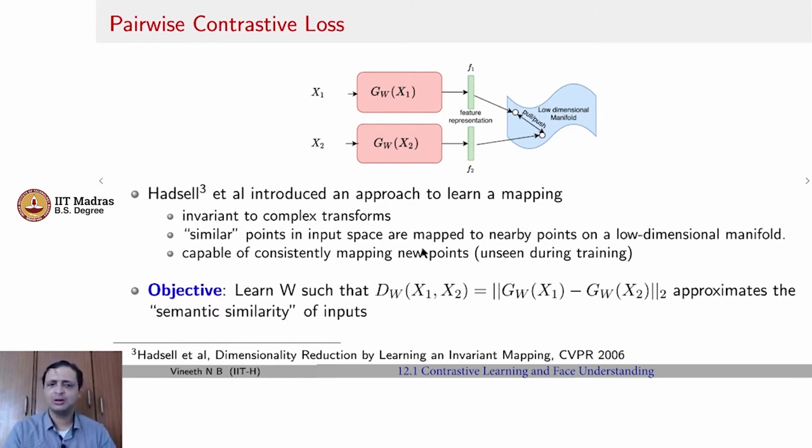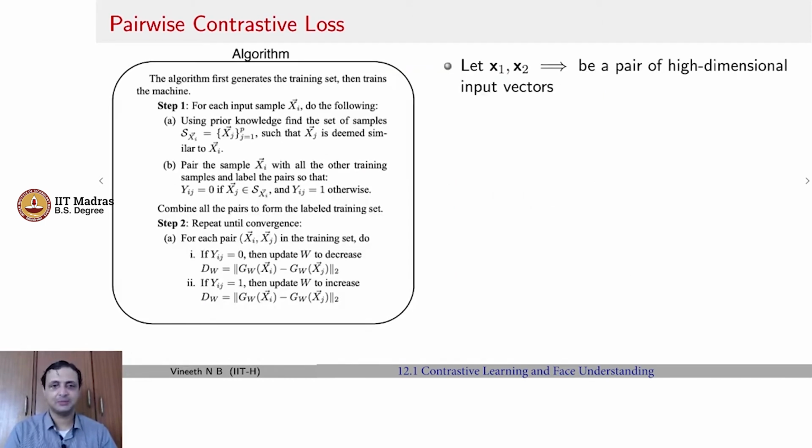So our goal here is to learn W, the weights of the neural network, in a way in which the distance, G_W(x1) minus G_W(x2), given x1 and x2 are inputs, approximates the semantic similarity of the inputs. Let's see how this is done.